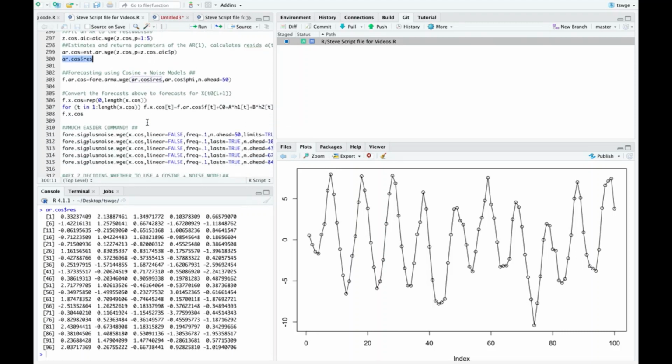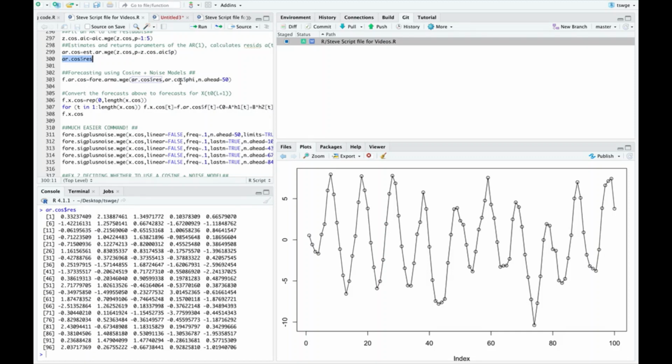And then, just like we did in the line plus noise setting, we can get the forecast of the residuals. That's what's going on in this step. Probably should have been labeled there, forecasting of the residuals. How do I know that? Because I can see this argument right here, AR.cosine dollar sign residuals. So we're getting the forecast of the residuals.